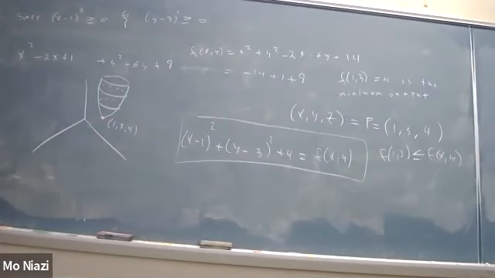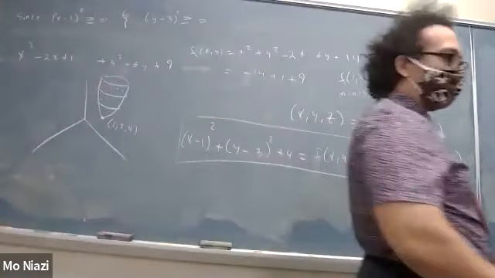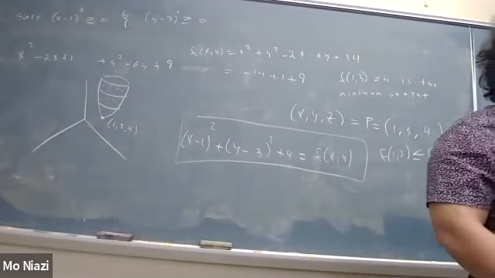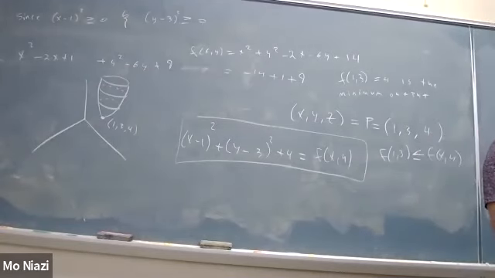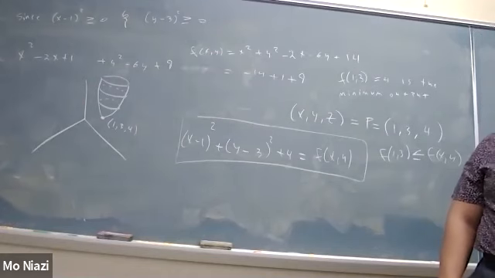It's located at (1, 3, 4). What shape does that make? Can you tell? Some sort of parabola. Correct. It's an elliptic paraboloid.